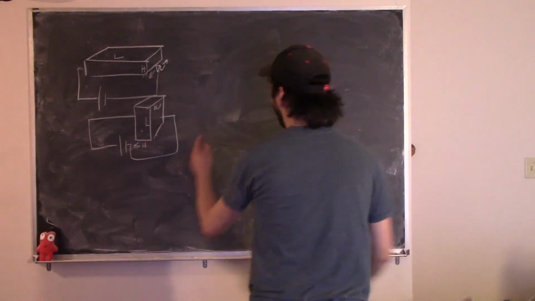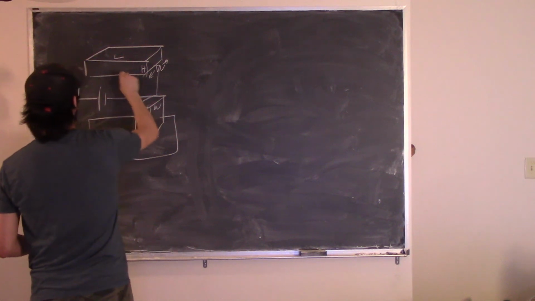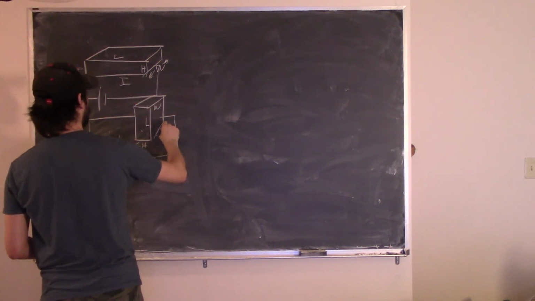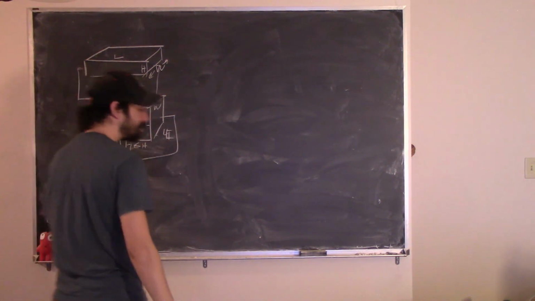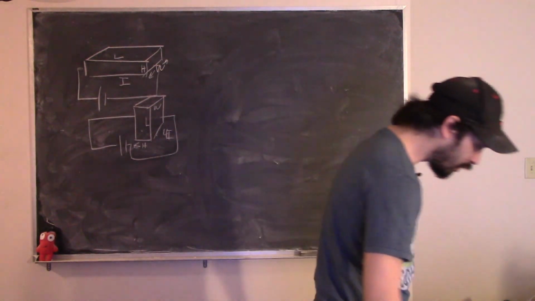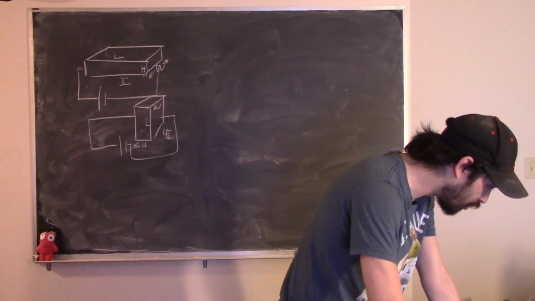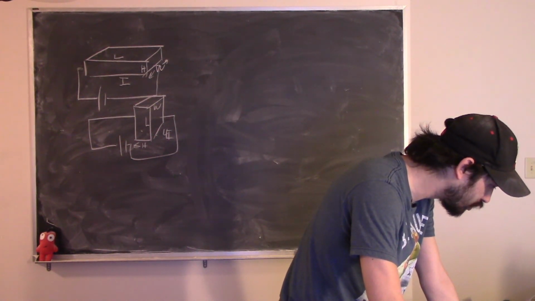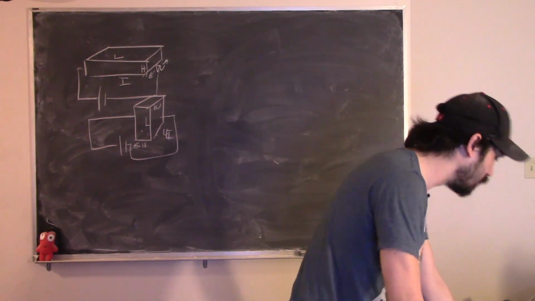This current that I have here, we can say is some current I. This has 4 times the current, this has 4I. And so what we want to do is evaluate what the relationship between L, H, and W is.